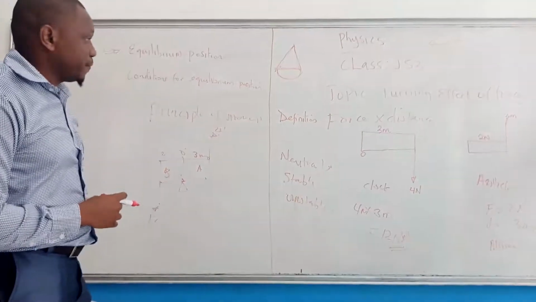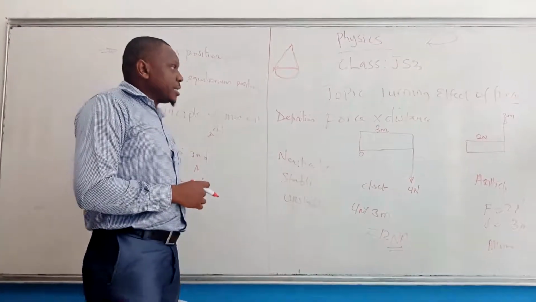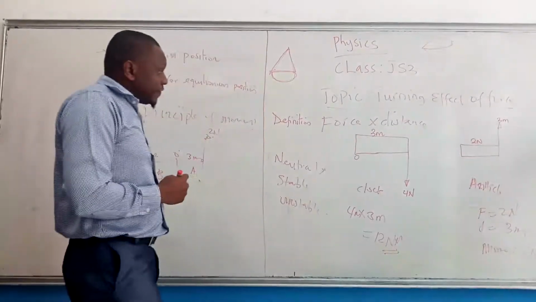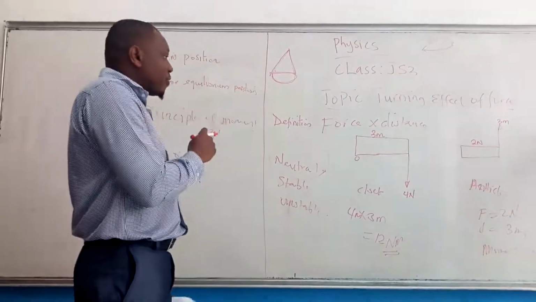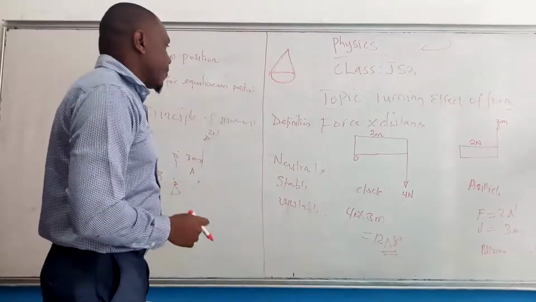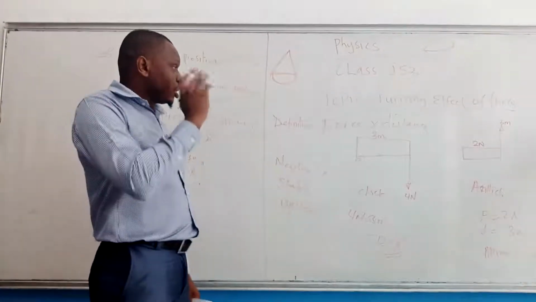As a summary, we started with the turning effect of a force, and I said the turning effect of a force is known as moment, and moment is defined as the product of force and its perpendicular distance. I equally said that the SI unit for moment is Newton meter.